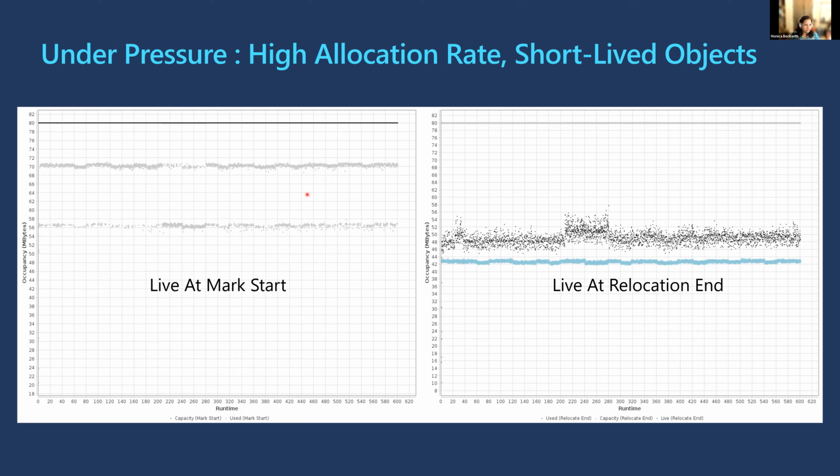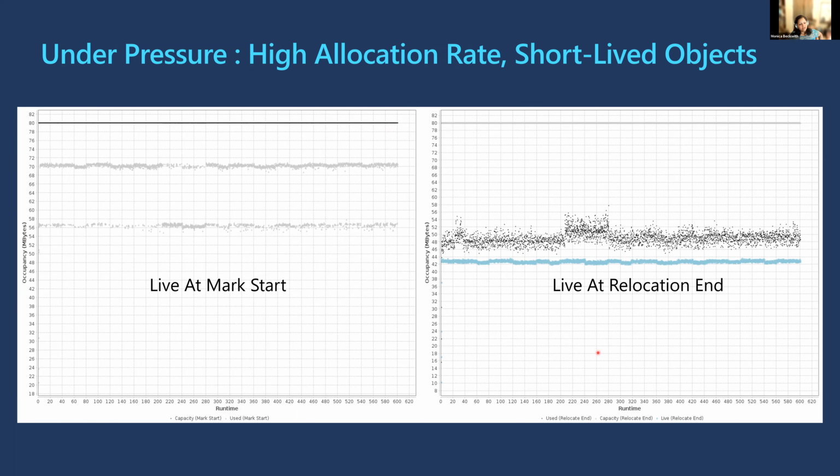The other thing, you see this higher line over here. That's what is used. Because I'm having transients, you can think of this as the pseudo live data set, and these are my transients, the ones that will quickly die, short-lived objects, right? And this is the entire capacity, which is 80 gigs. So that's on the left.